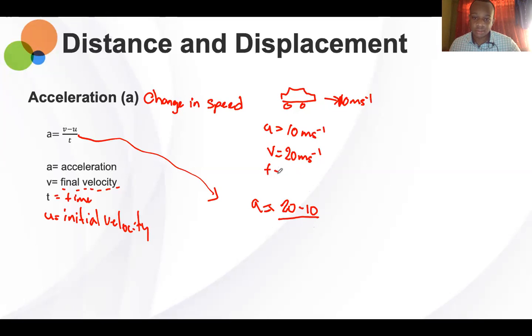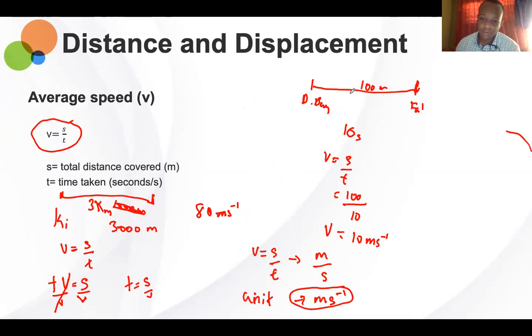I hear a question. Sir, can you start over, please? No problem. So we have our object here. This is our Lamborghini, and we're driving our Lamborghini at 10 meters per second. This, remember, is described as velocity. Meters per second is our unit.